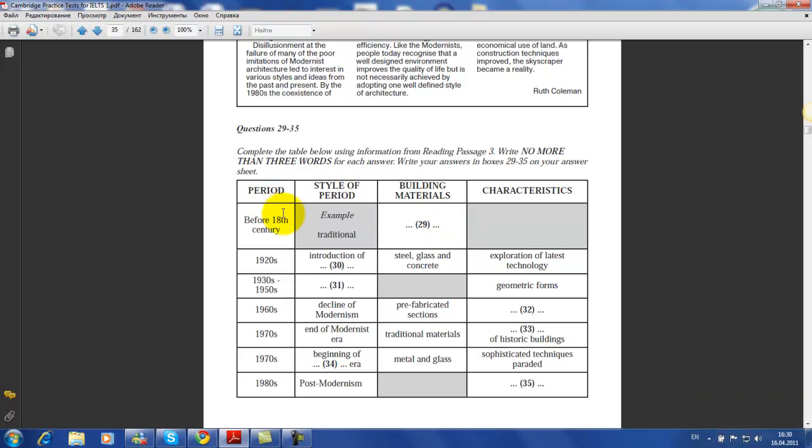So we study the table and we can see that there is a column for periods. The first period is before 18th century. Style of the period is traditional, and we have to look for building materials that were used in this period.